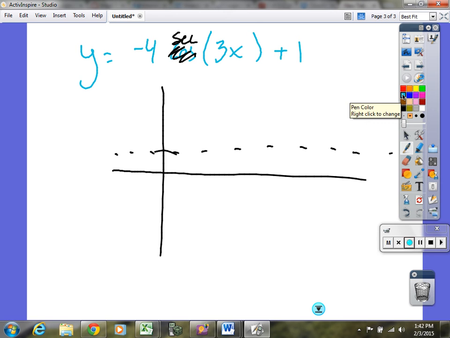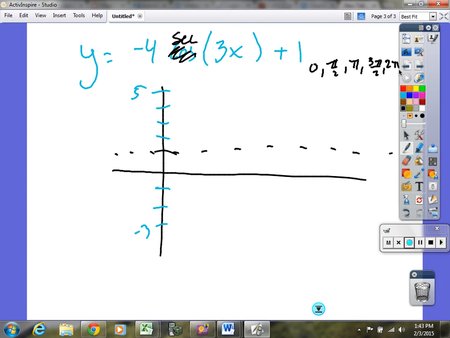Okay, what is my amplitude? 4. So therefore, I wait for my midline. I go 1, 2, 3, 4. So the highest, technically in a cosine graph, will be 5. The lowest will be -3. Correct? What are my normal increments of cosine? 0, pi halves, pi, 3 pi halves, and 2 pi.